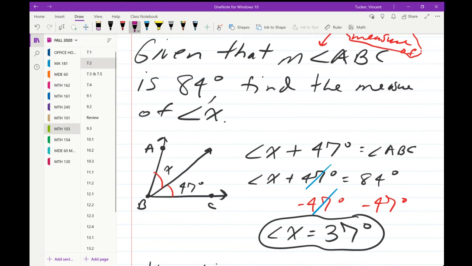Once again, the equation isn't mandatory to use, but that's just the process mathematically. As long as you see that you should be subtracting 47 from that 84 to get your 37, then you're in a good place.